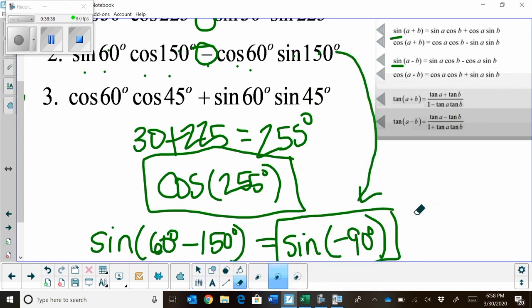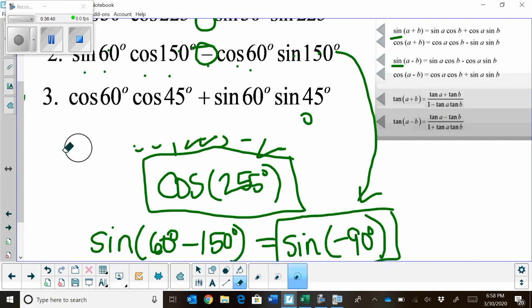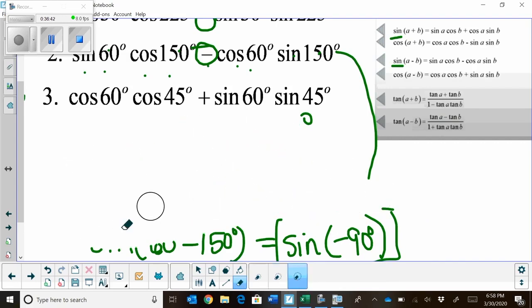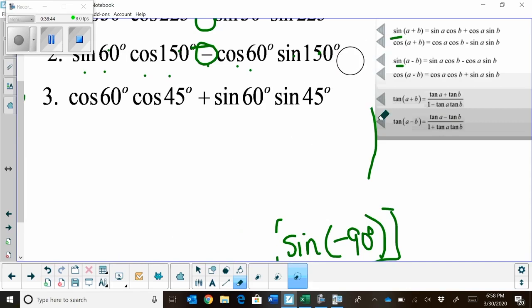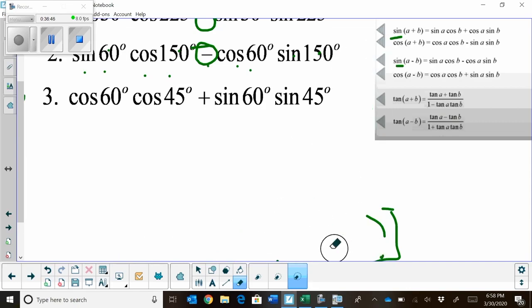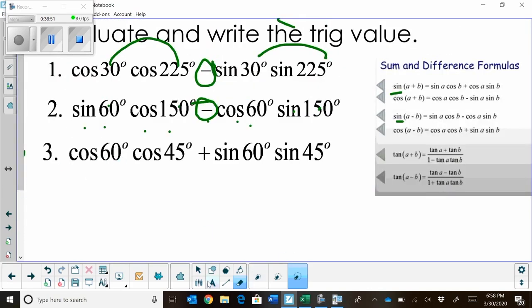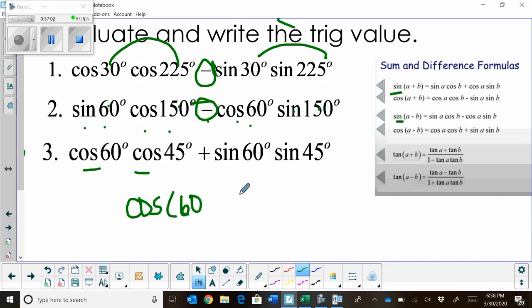Okay, now let's go back, do a little erasing so we can look at this last one and have our formulas right here on the same page. First, is it a sine or a cosine formula? Cosine, cosine, sine, sine. I hope you're going, oh, yeah, that's cosine. Okay, cosine, and the two angles are 60 and 45. Now I want you to think, okay, cosine, it's addition here, but what do we know about cosine?